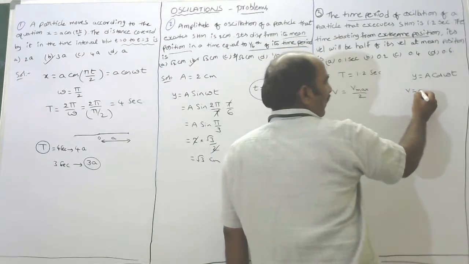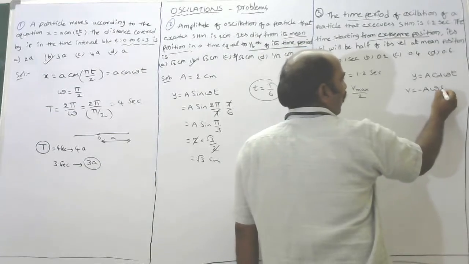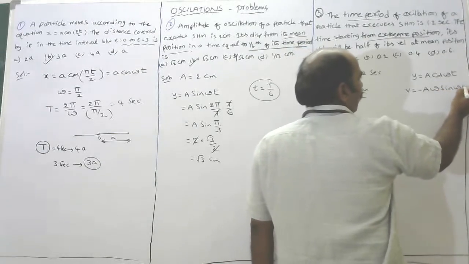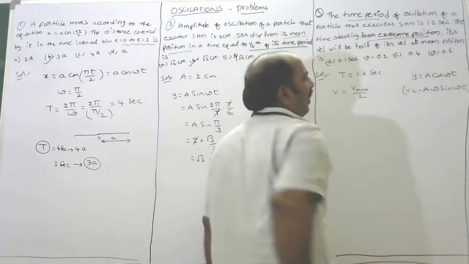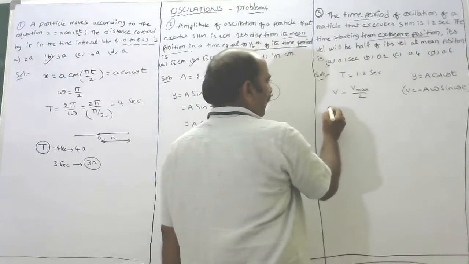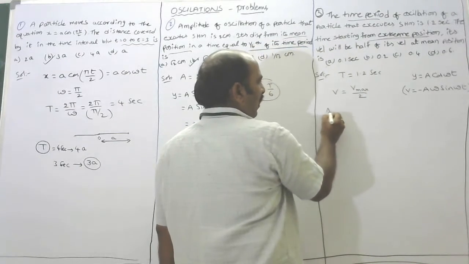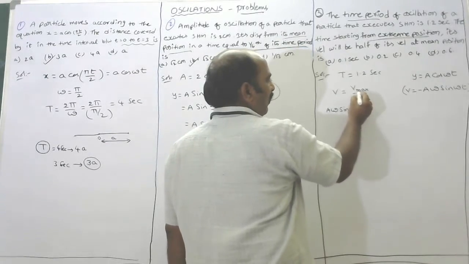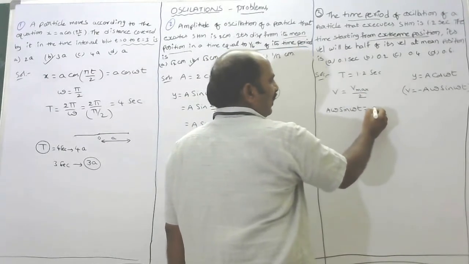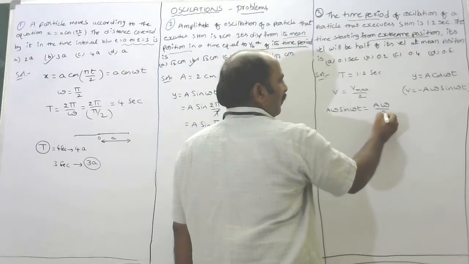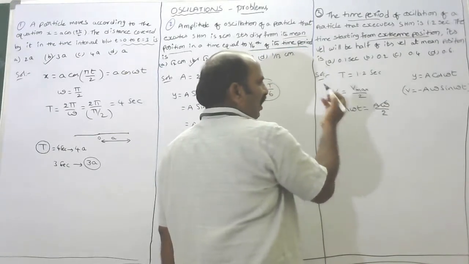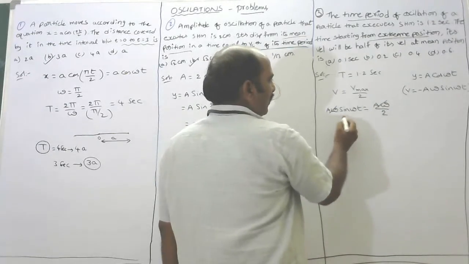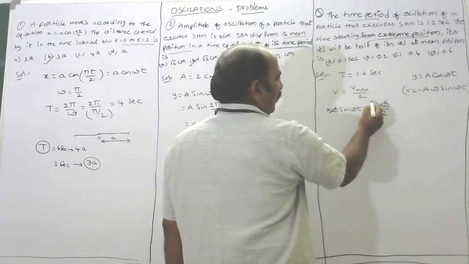We get finally minus a omega sin omega t. So negative is in the opposite direction. That's why we take here v is a omega sin omega t, equal to, you know, maximum velocity value is a omega by 2. Both sides a omega get cancelled. Sin omega t is equal to 1 by 2.